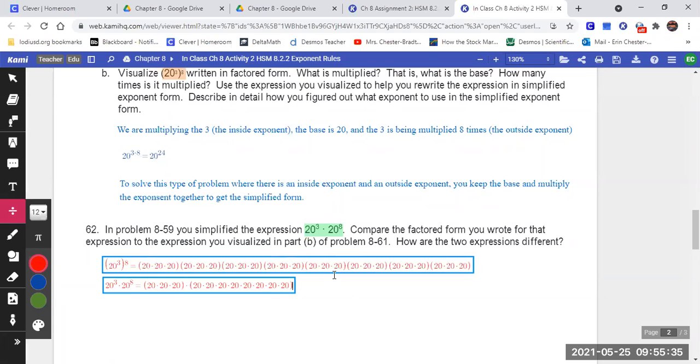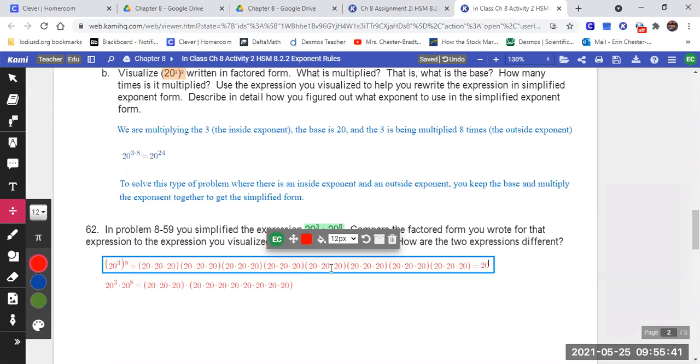Now, if we go up to this first one and we count all the 20s, how many 20s are there? How many 20s are in that first line? 20 to the third power to the 8th power.